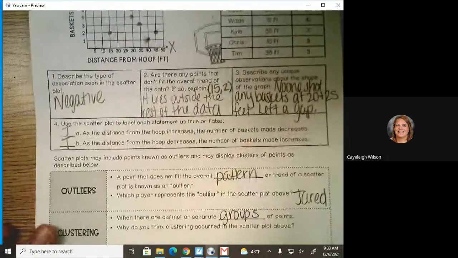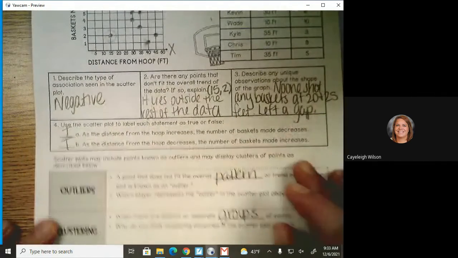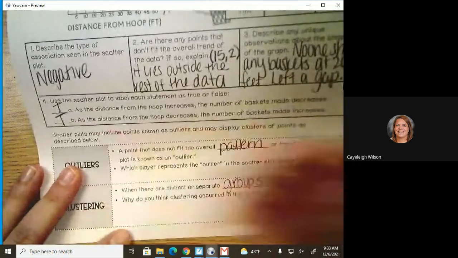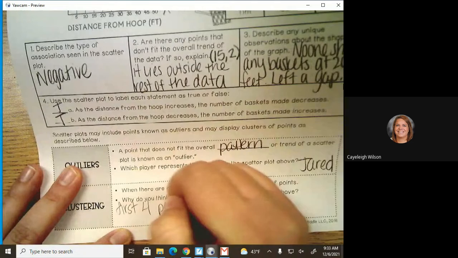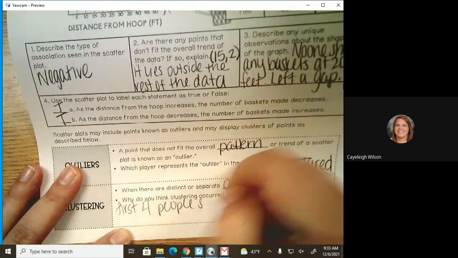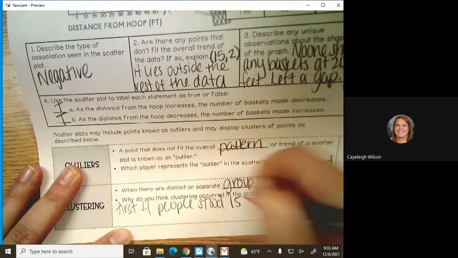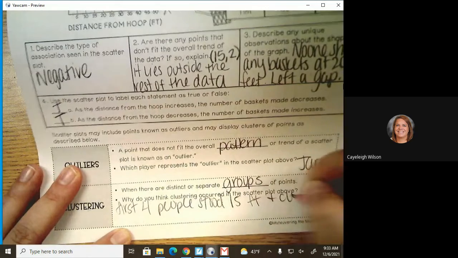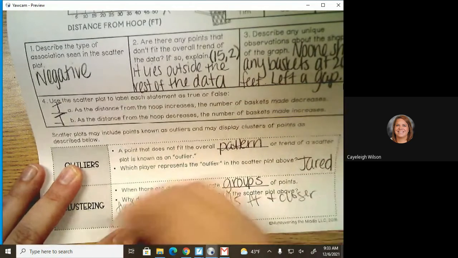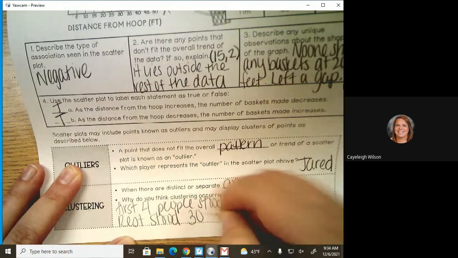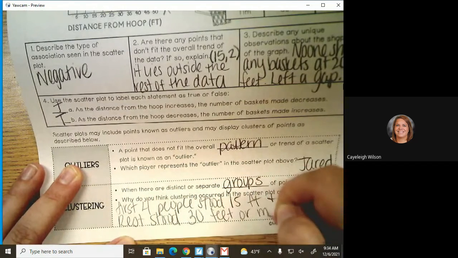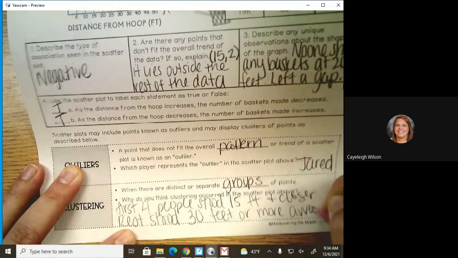So, why do you think the clustering occurred? I'm going to put: the first four people stood 15 feet and closer, and then the rest stood 30 feet or more away.